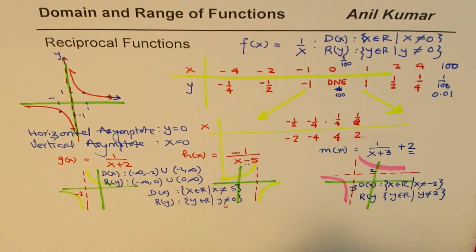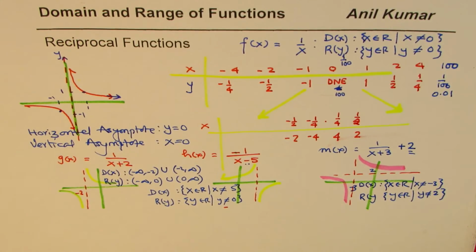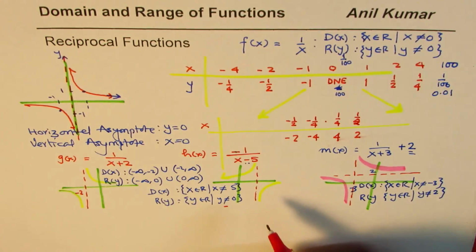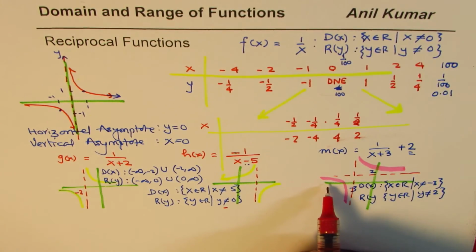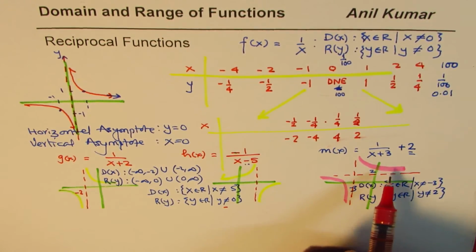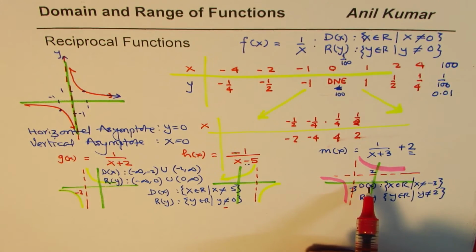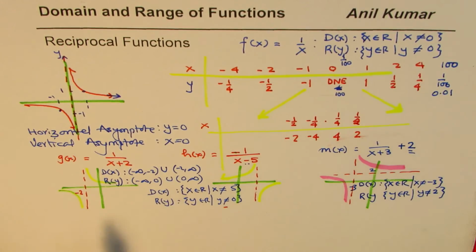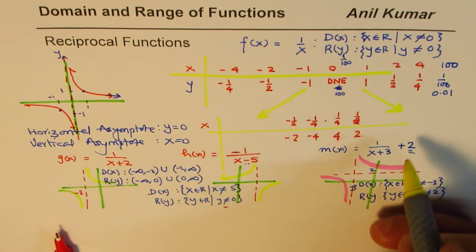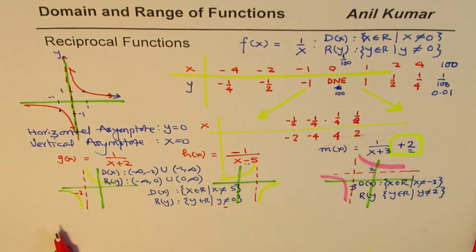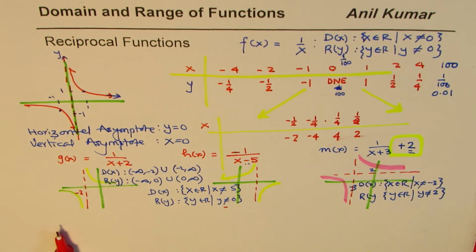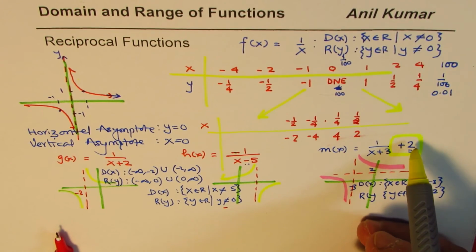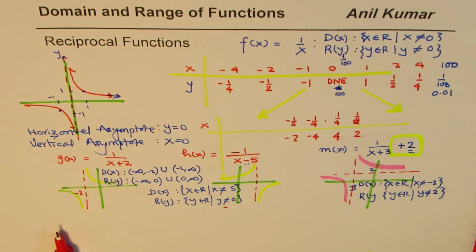So that is how reciprocal functions are, and for all the reciprocal functions, y is not equal to 0, since that value will not be achieved unless there is a vertical transformation, as we saw in this particular case. Do you see that? So most of the time, if we do not have this vertical translation, then y is not equal to 0 will be the range. But if this transformation is there, then that value cannot be achieved.